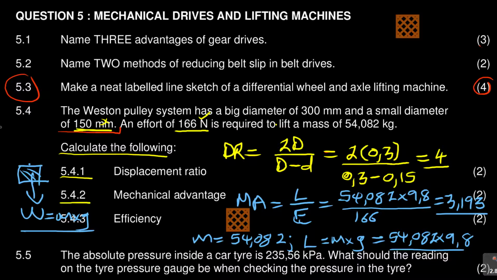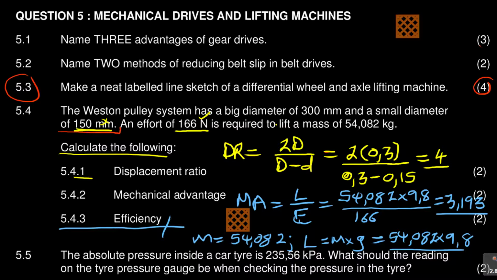Now the next question, these questions usually are common when they ask them like this. The efficiency. Efficiency, the symbol that looks like an N, that's efficiency. I don't know how they write that sign, but it's your N, which stands for efficiency.